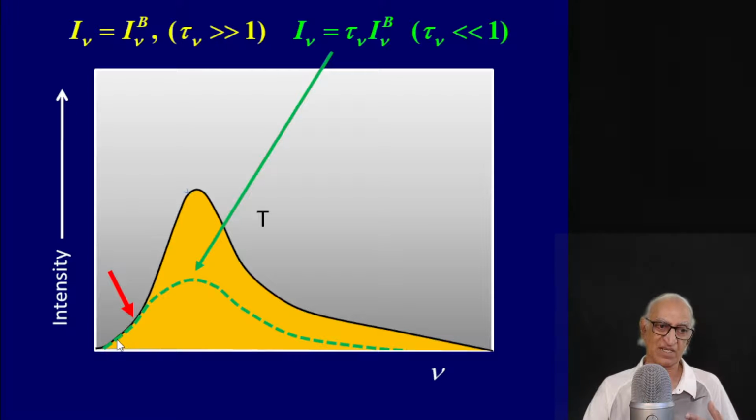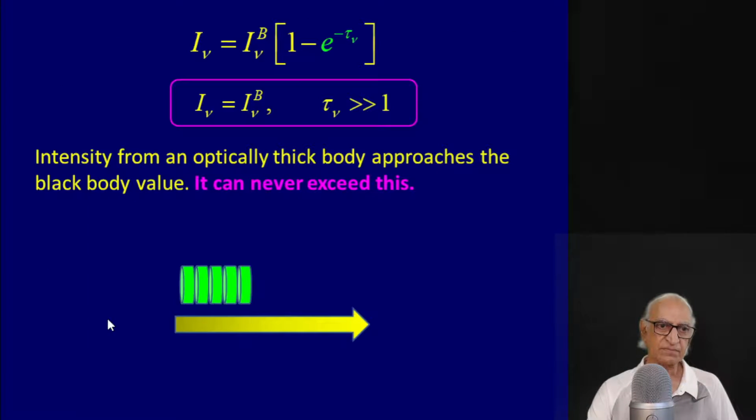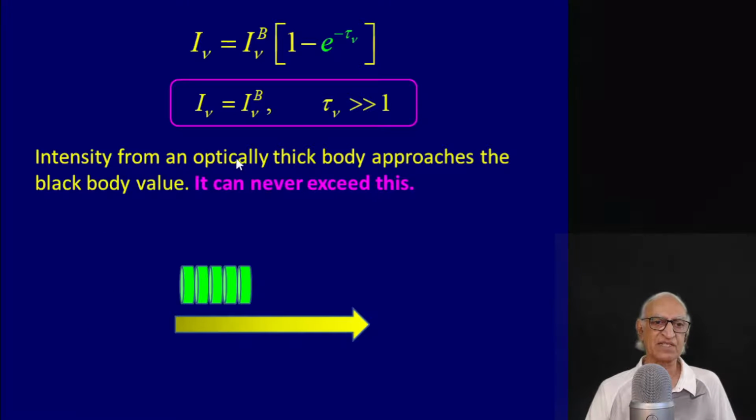In other words, even though the medium is optically thin at higher frequencies, at these frequencies the medium will be optically thick in the sense that the specific intensity from the body will be close to the black body value. So stated once again, the specific intensity from an optically thick body approaches the black body value as the optical depth goes to infinity. It can never exceed this.